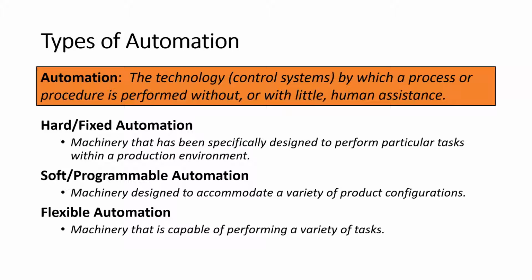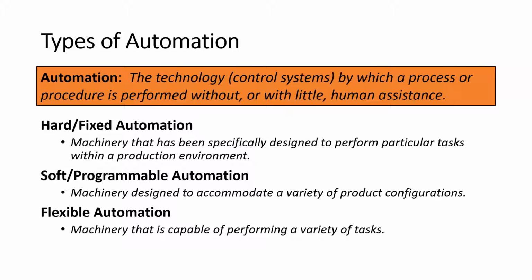They're custom made to perform that task within the scenario that they're in, and they can't be switched or reprogrammed. Hard or fixed automation is not programmable, generally speaking. It's just going to do one thing over and over again.